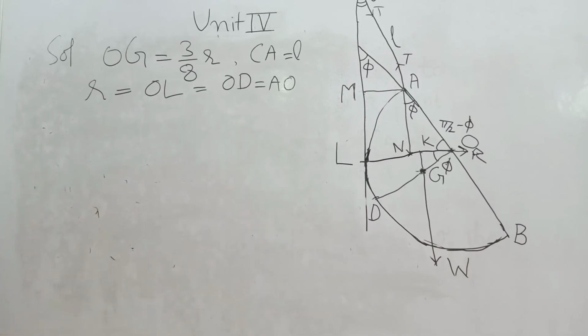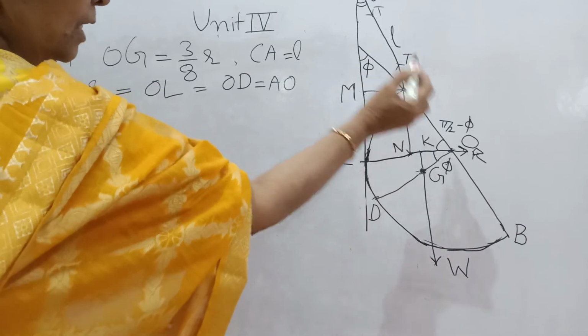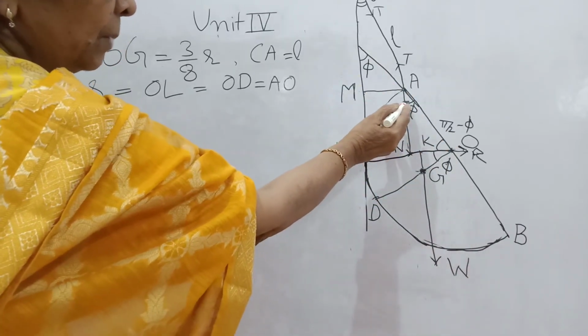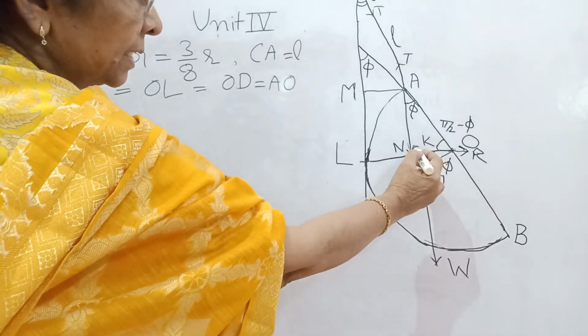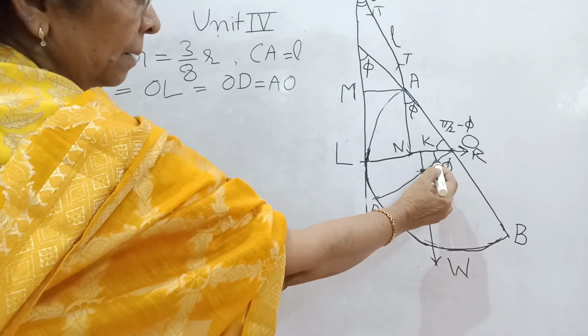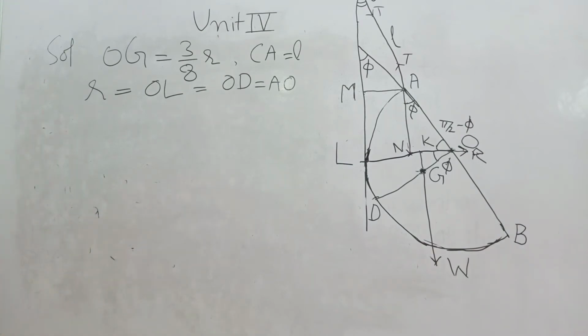Now observe one more thing. This angle is theta, this angle is given as phi. So you know these are the parallel lines and this line is joining, so this will again become phi. This is pi by 2 minus phi because it is right angle, and this is also right angle, so it becomes phi. So that way, now what we have to do, we have to calculate all the distances in terms of r, theta and phi.